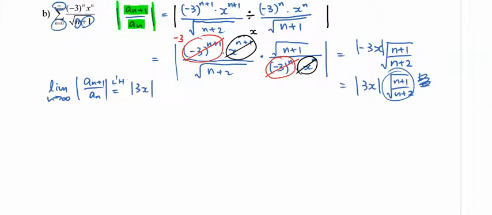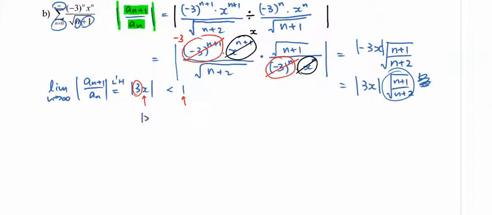So for this series to converge, I want the limit of this to be less than 1. And as you can see here, we are having a power series centered at 0 with radius equals 1/3. And this is after you divide the 3 to the other side.